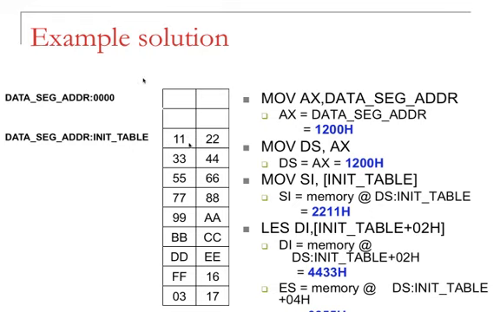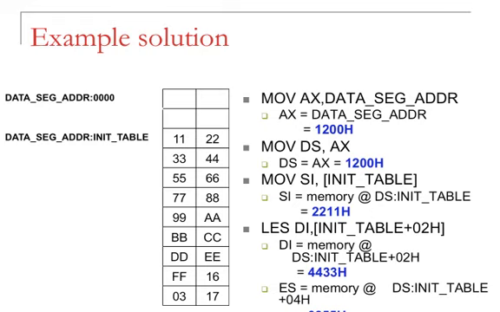The way we draw this memory map is each row will have 2 bytes representing the adjacent values stored at that location. So this 11 is located at init_table, and this 22 is located at init_table plus 1. So in other words, this 22 is stored at a higher address, 11 is stored at a lower address for that word. 22 is the most significant byte of the word.